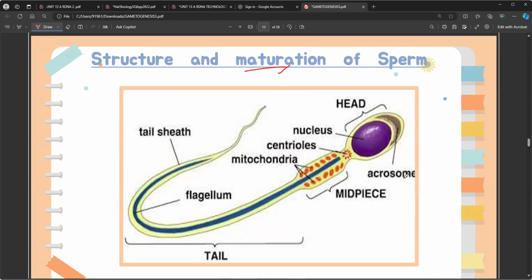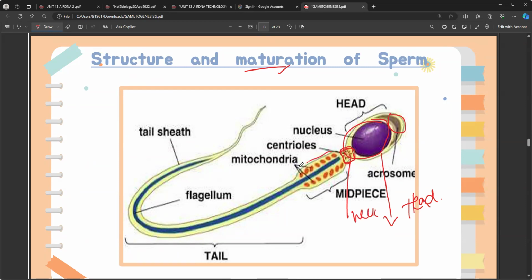If you observe the structure of the sperm, it contains a head. We will discuss that. The head further contains the nucleus and the acrosomal vesicle. You got that point. Below the nucleus, it contains centrioles, and the centriole region is like a neck.